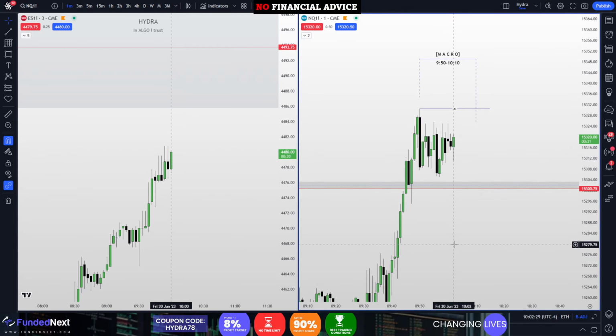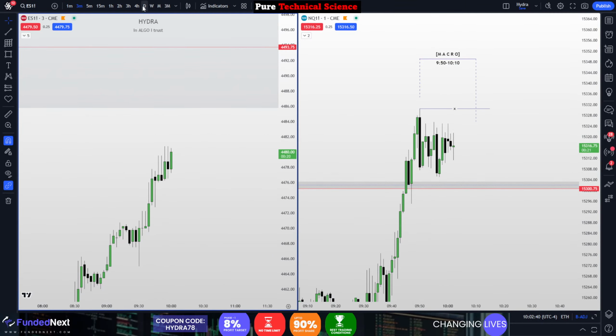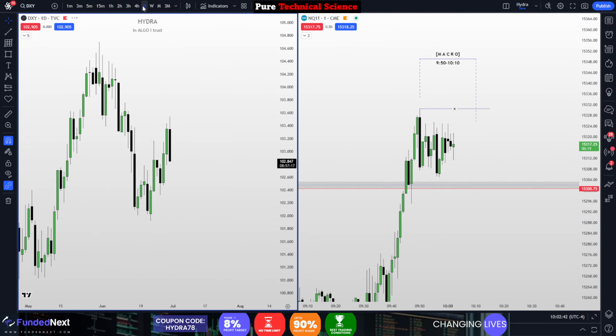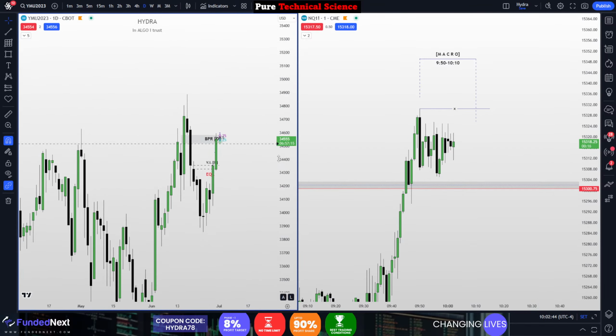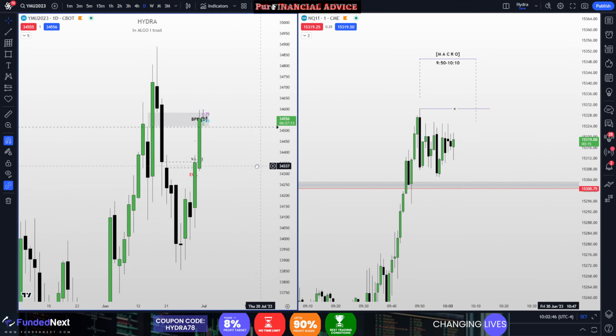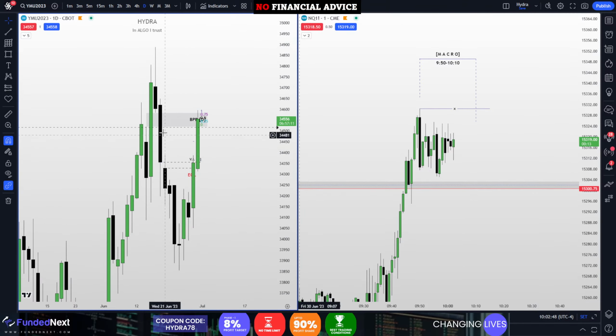Maybe because it's over 50% of that gap is why the balance range may fail. Yeah, let's see. The daily BPR that I'm talking about is here on Dow Jones. Look at that. Price basically aggressively traded inside this big fair value gap.